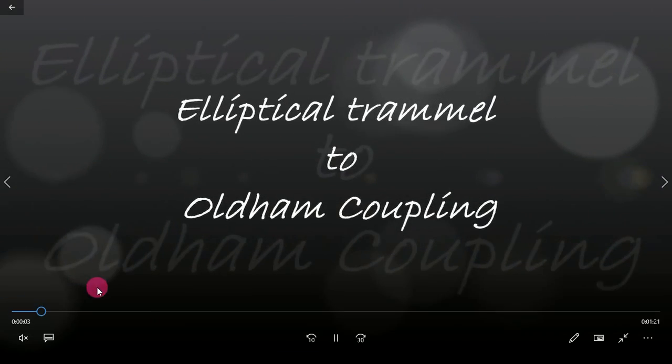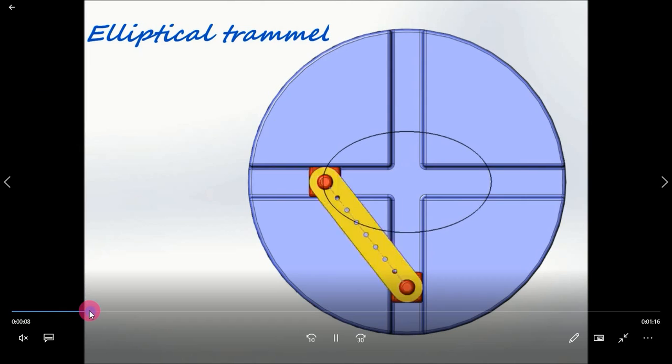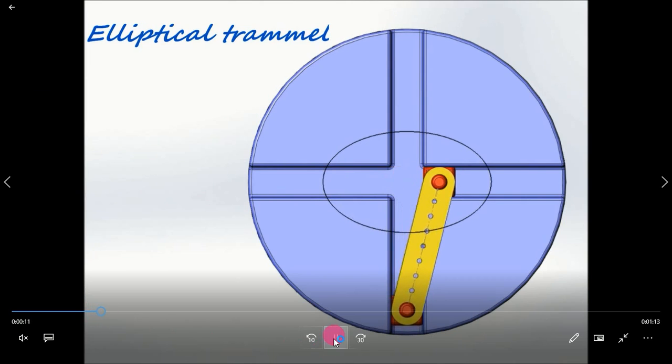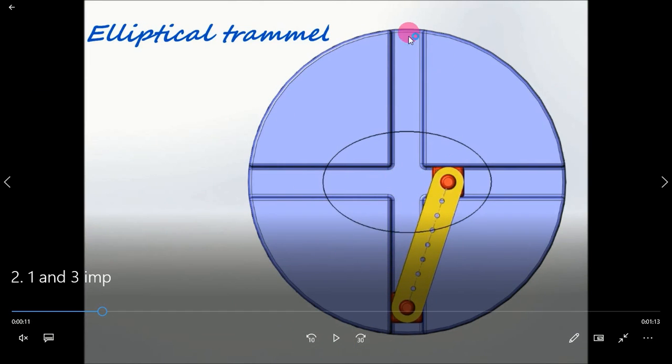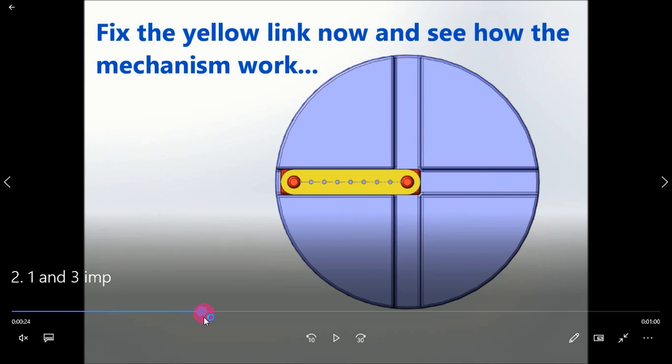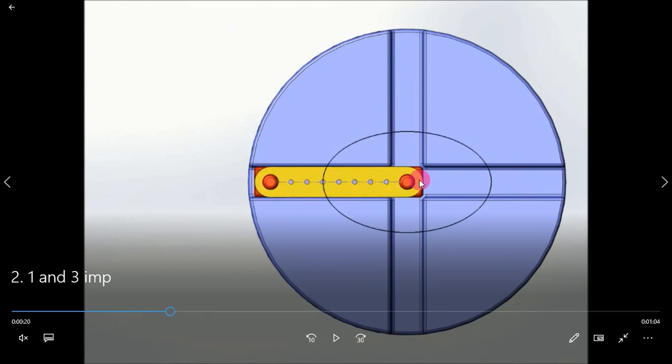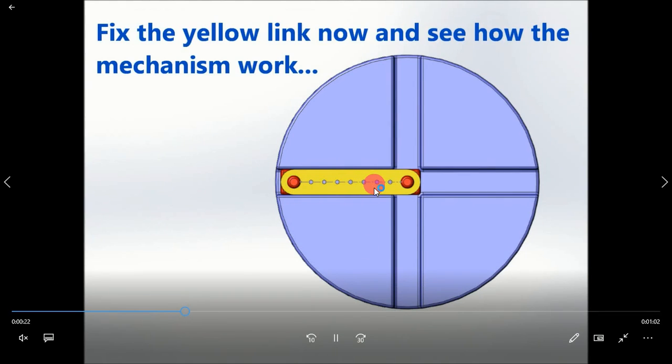Okay, as I said, this is the elliptical trammel. If you fix the slotted bar, this plus-colored one, it becomes the elliptical trammel. And if you want to fix the link that connects both the sliders, for example, this is slider A, slider B, and this yellow color is nothing but the connecting link between slider A and slider B. If you fix this connecting link, just watch what kind of motion results.